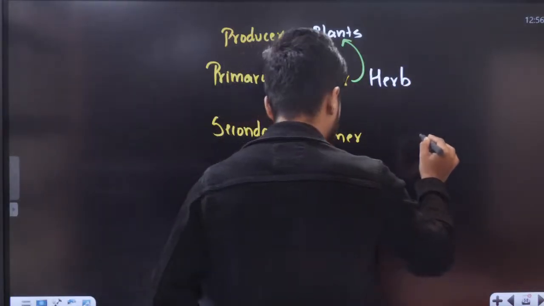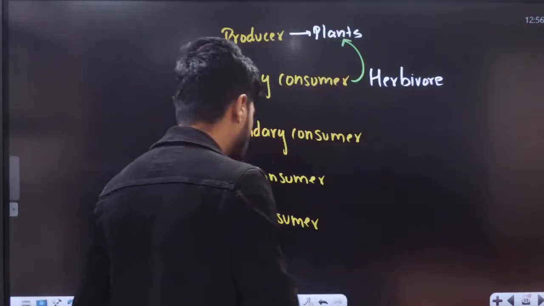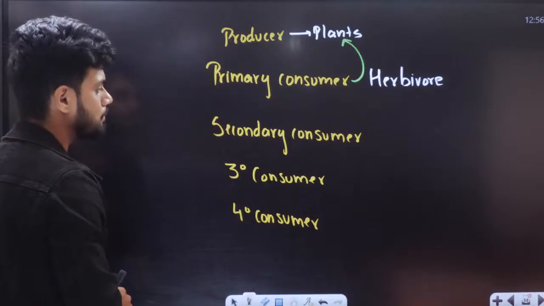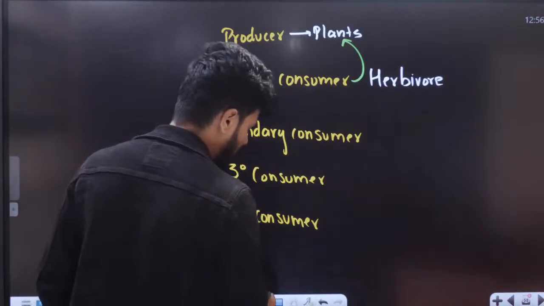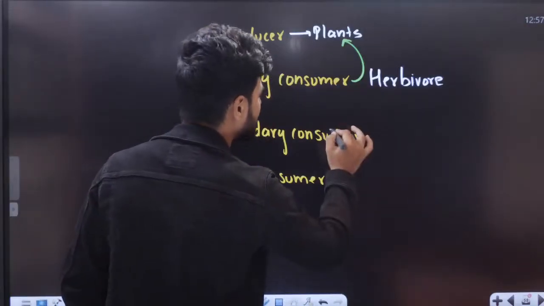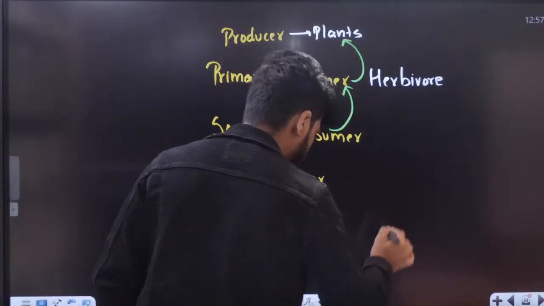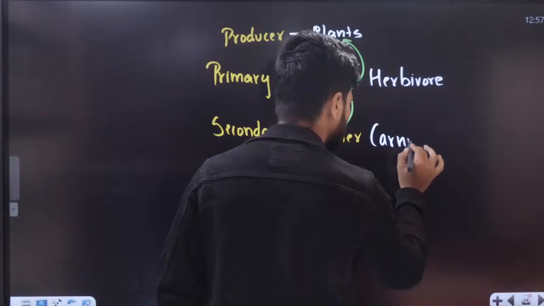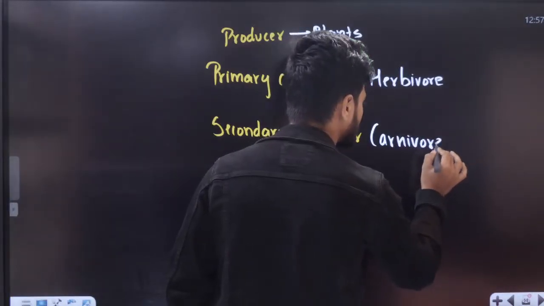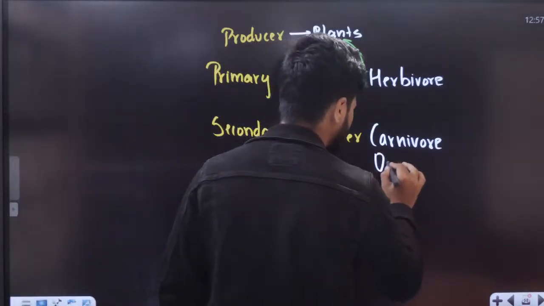If a secondary consumer is eating the primary consumer, such an animal is called a carnivore, or we can also have omnivores here.